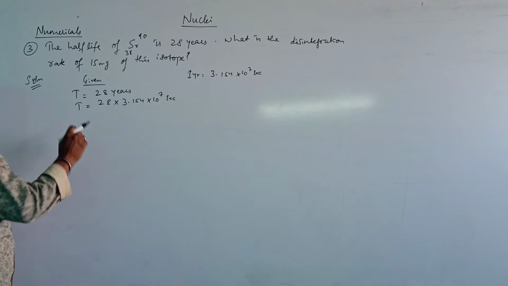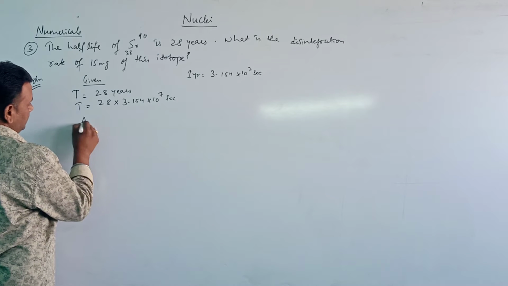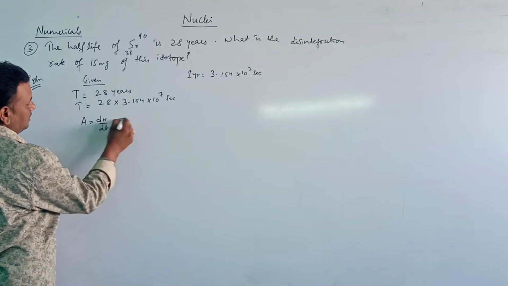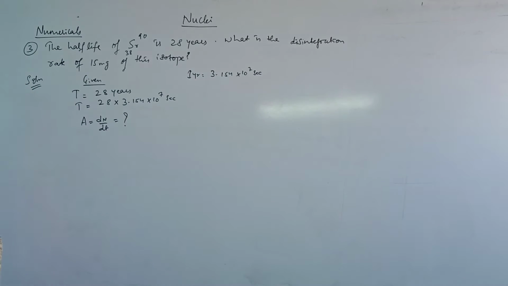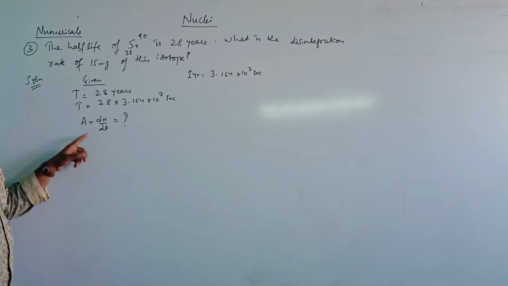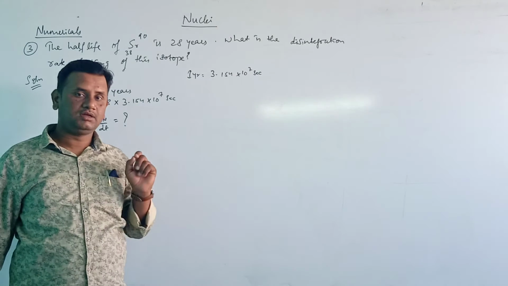Now, what is the disintegration rate? It means you have to find the activity, which can also be written as dN by dt. dN by dt indicates the disintegration rate.